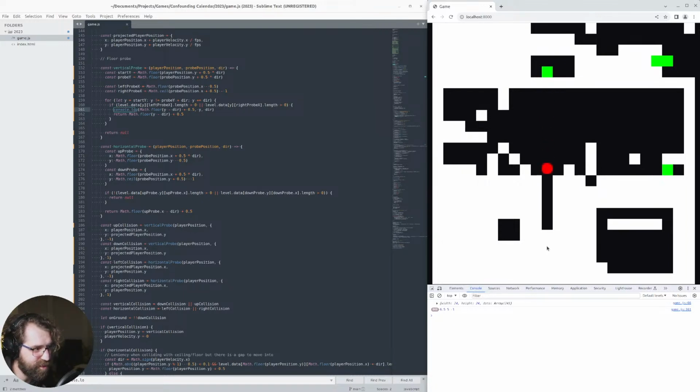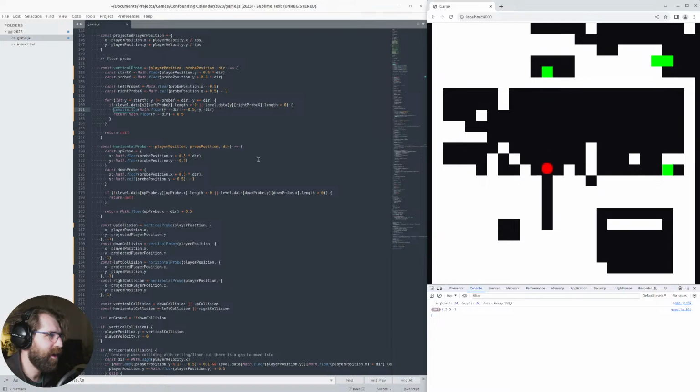I can probably fix this just by not doing collisions in the directions that aren't relevant. Oh, which I am doing. No, I'm not. So my vertical collision must be returning 6.5. It's looping upwards to hit that.